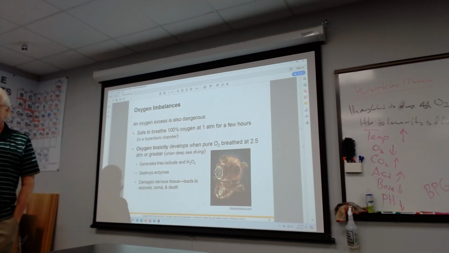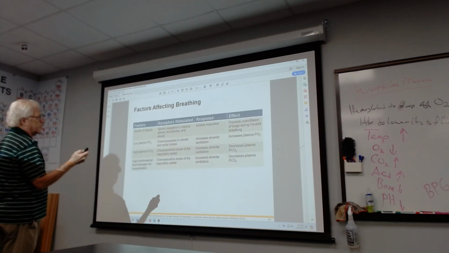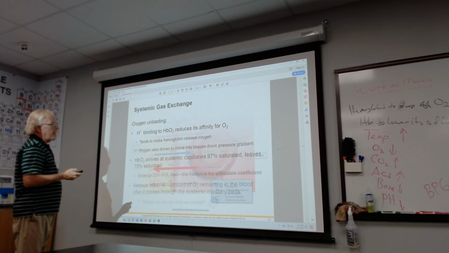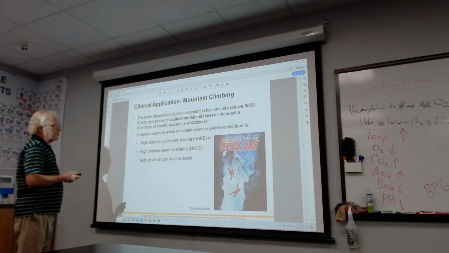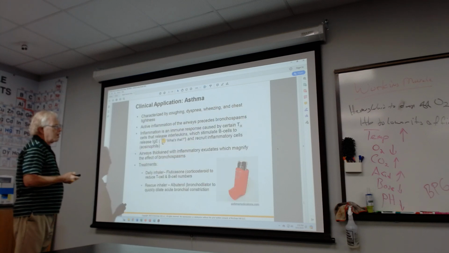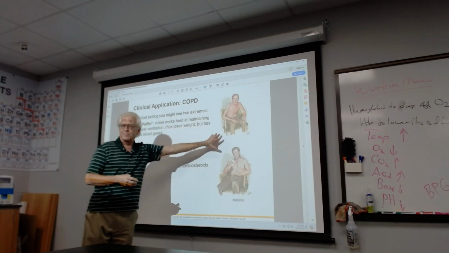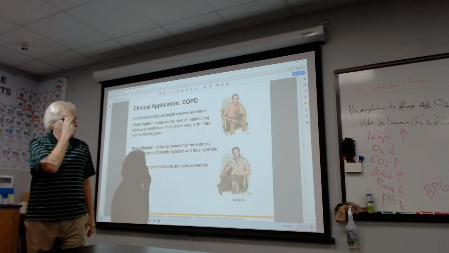Identify blue bloater versus pink puffer. Okay. This is what I like about nursing school, is that there's a website they make you go to with cool pictures. You know the old saying, a picture's worth 1,000 words? Well, there you go.